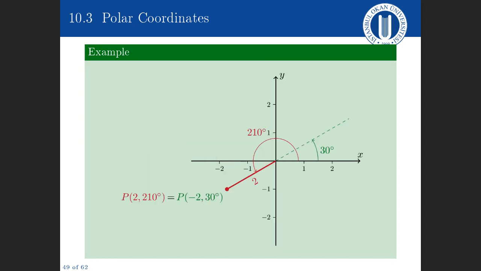There's another way that we can get two different polar coordinates for the same point. If I rotate my ruler 30 degrees, so it lies like this, the point P, we could say, has polar coordinates (-2, 30 degrees).